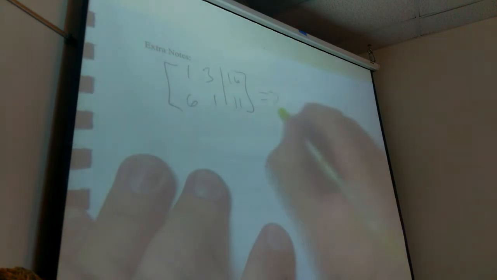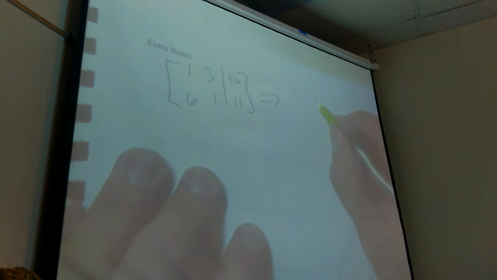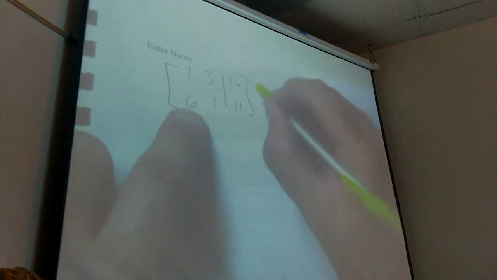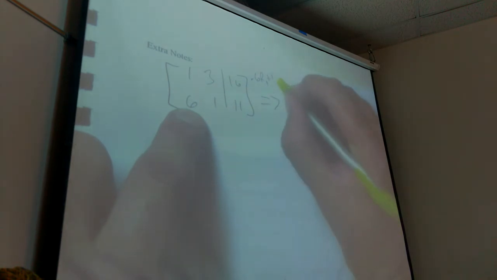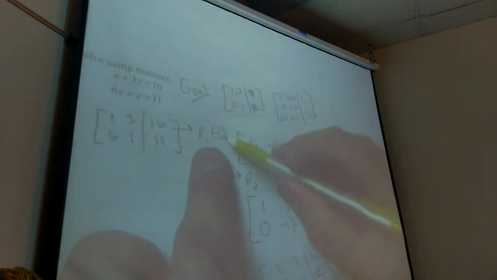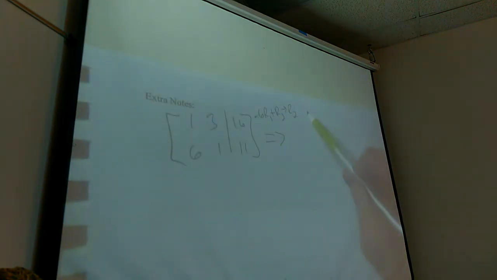So what I do is I do not rewrite the whole matrix. What do I want to do? I want to multiply row 1 by negative 6 so I can add it to row 2 and put the answer in row 2, so there's going to be a 0 here. Do you guys see that? That's what we did. Didn't we multiply row 1 by negative 6 and then add row 1 to row 2? But let me just do all this at once. Now here's what I do.